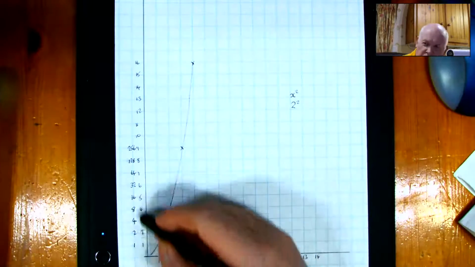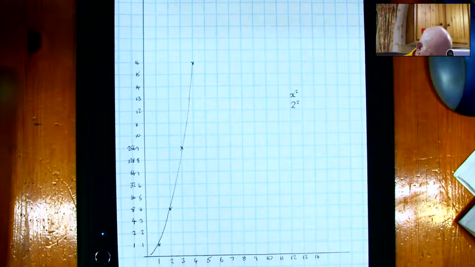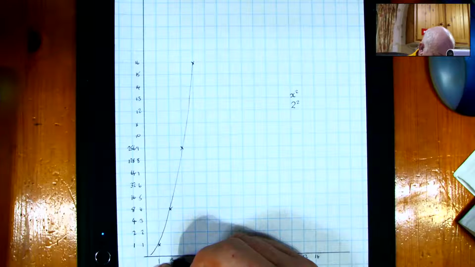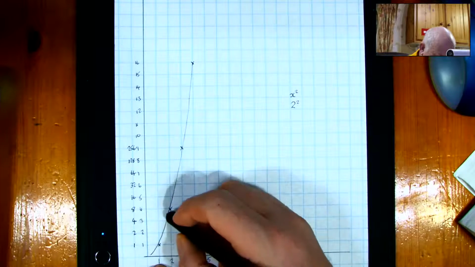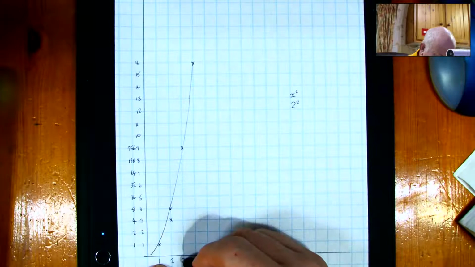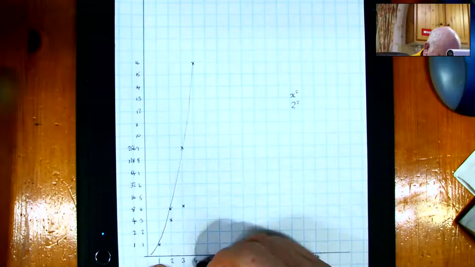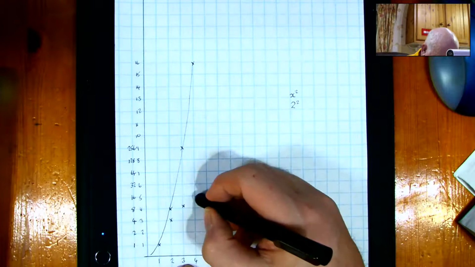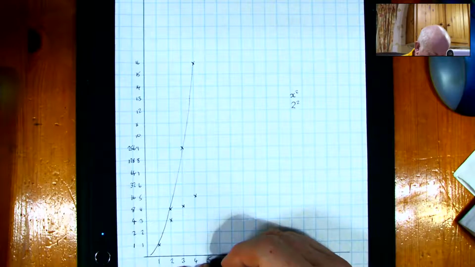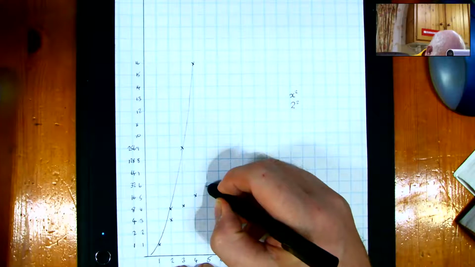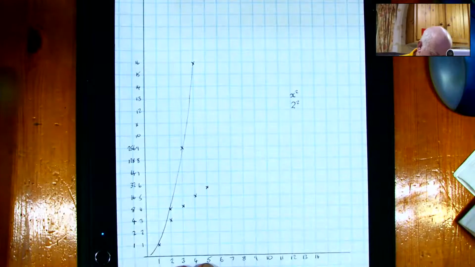I've got sort of a squash scale here. So let's have a look and see what I've got. 1 1 is 1. 2 2s are going to be here, 4. 3 3s are going to be 9. It's going to be somewhere about there. 4 4s are going to be 16. That's going to go there. 5 5s are going to be 25. Oh, it's going to be somewhere like that, I think.